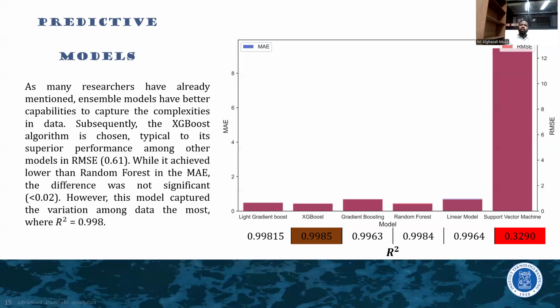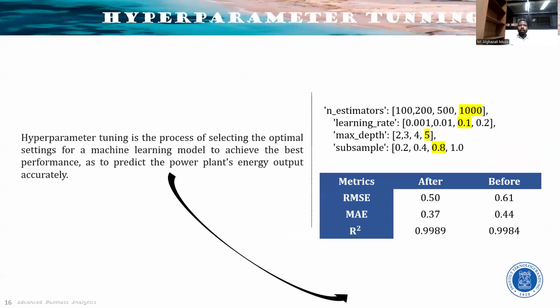For the root mean square error, it achieved the minimum, while for the mean absolute error, it's not quite the minimum. The difference is about 0.02, but we give priority to the root mean square error because it's sensitive to outliers. So overall, we chose the extreme gradient boosting machine learning algorithm.